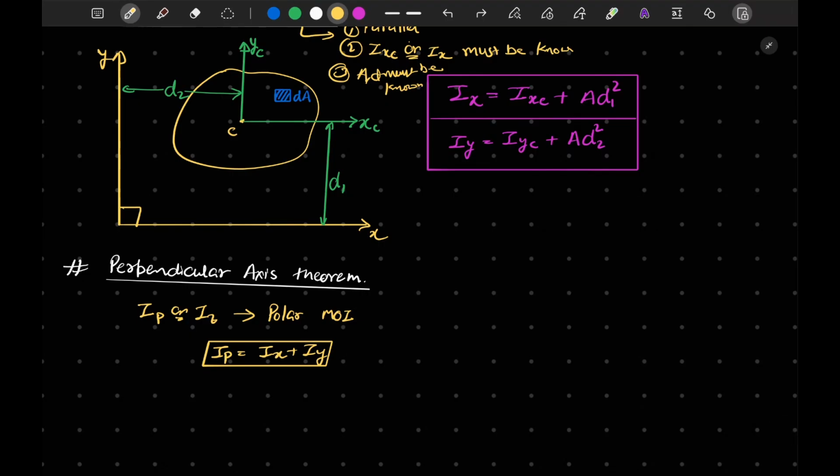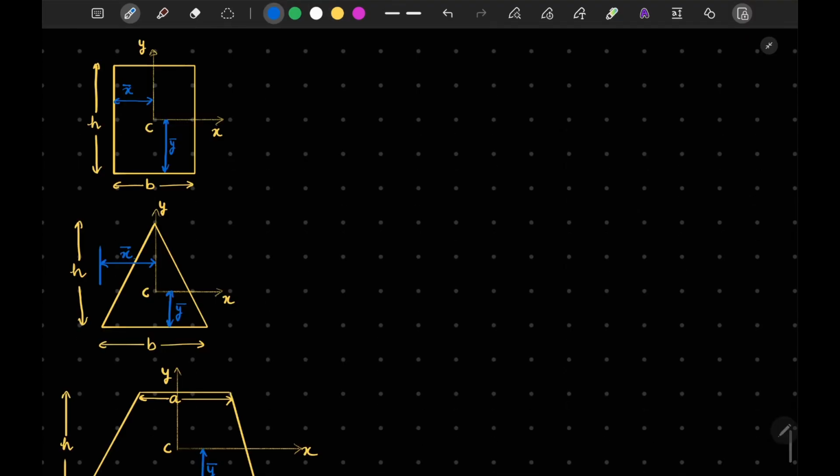Now I will provide you with the centroid and moment of inertia values for some standard figures which we generally use in our study. Let me draw them here first. Here are some figures that we will be using frequently. I will mention the centroid and their moment of inertia about the given axis.